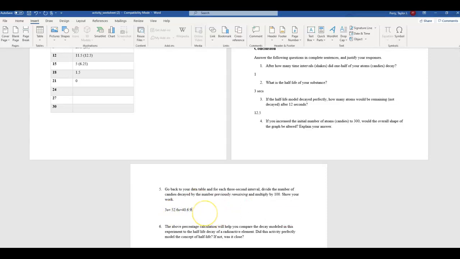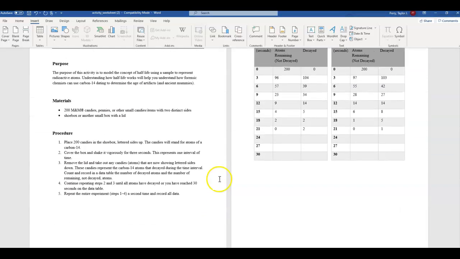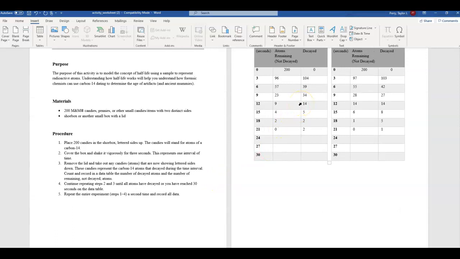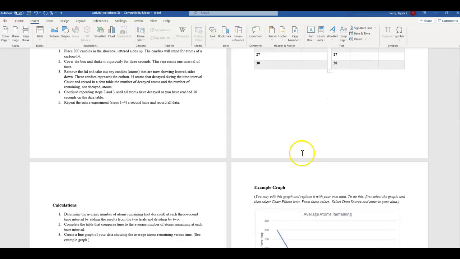And then at 9 seconds, we're going to do 34 divided by 57 times 100. We get about 59.6.